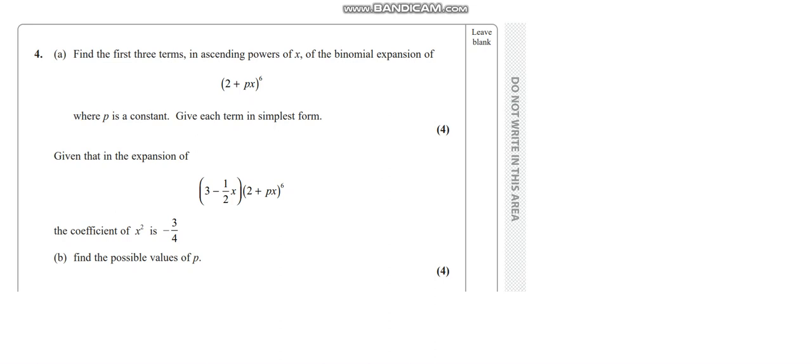So guys, to solve this question, go back to the expression given here, which is (2 + px) to the power 6.